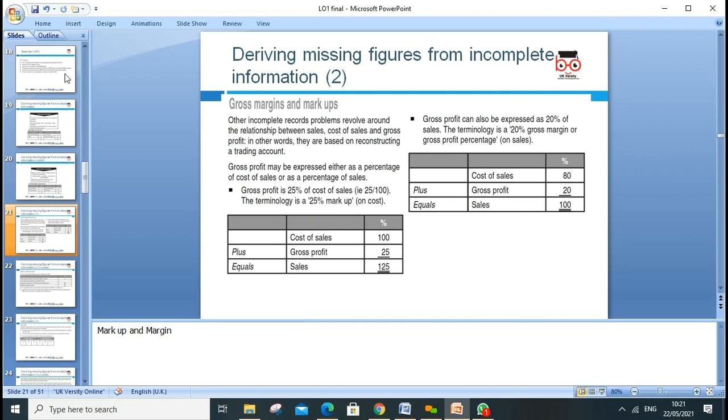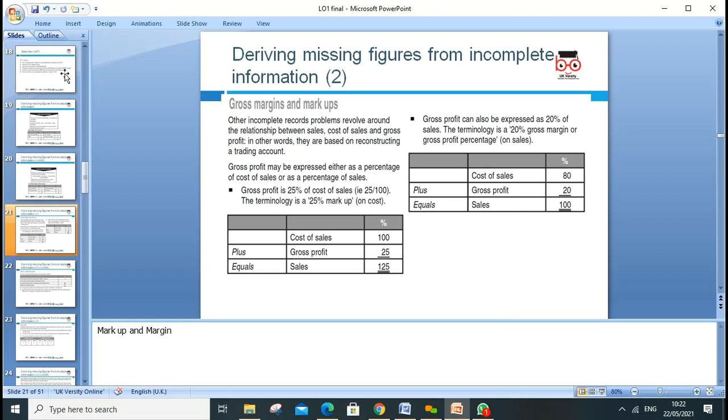Like here, we've been given the gross profit is 25% of cost of sales, and the term we can use is markup. If it is margin, we can say my sales are 100%, my gross profit is 20%, so my cost of sales is 80%.